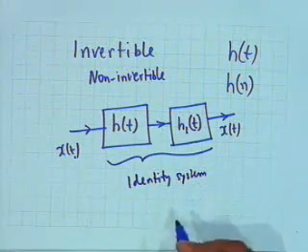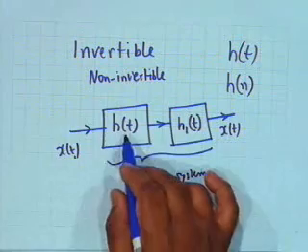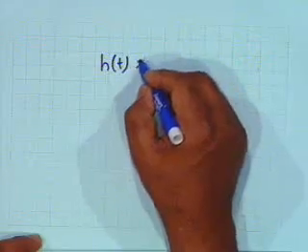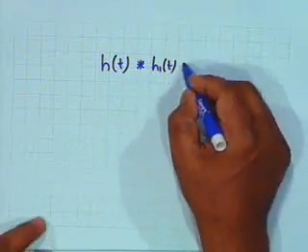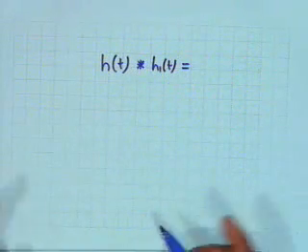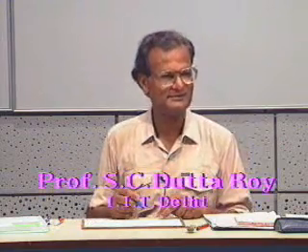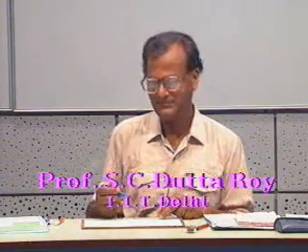Now, what does an identity system mean? This is a system of cascade of two systems having impulse responses h and h1. So what is the relation between h and h1? The convolution of these two should be equal to delta t. Why?